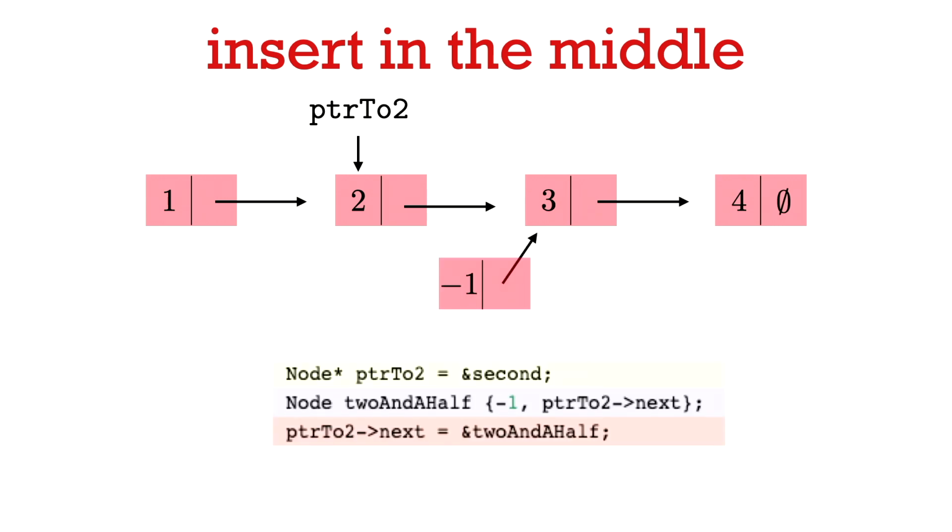Okay, then what can I do? I can create a new node called 2.5, whose next pointer is equal to the address of the third node. And the address of the third node is just pointer to 2 pointing to next. So now we're in the state of the picture here.